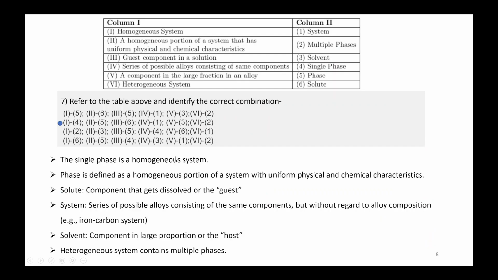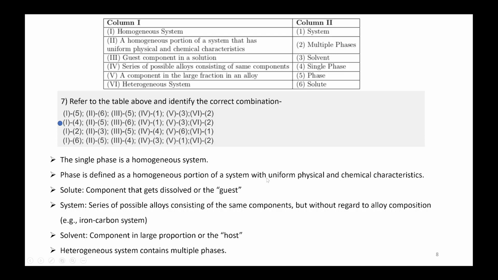In this case, you can say that the single phase is a homogeneous system. In case of a single phase, it will be homogeneous, but when we talk about a heterogeneous system, it will have multiple phases. And a phase can be defined as a homogeneous portion of a system with uniform physical and chemical characteristics. For example, in case of your copper nickel system, copper and nickel will form an alpha type of solid solution, having similar physical and chemical characteristics.